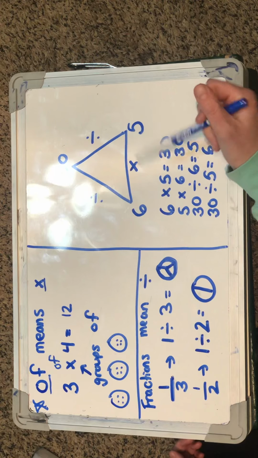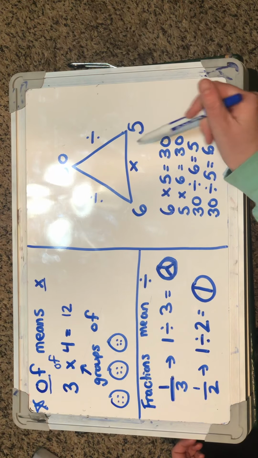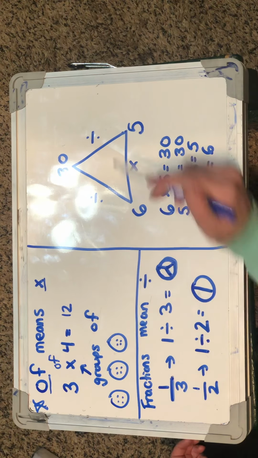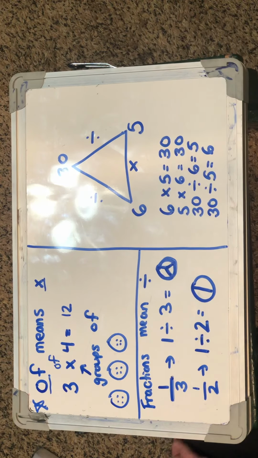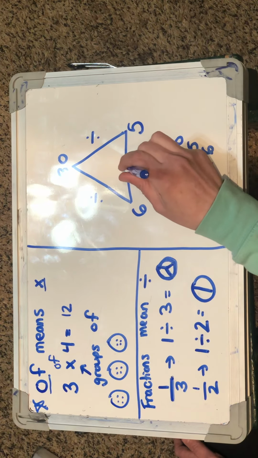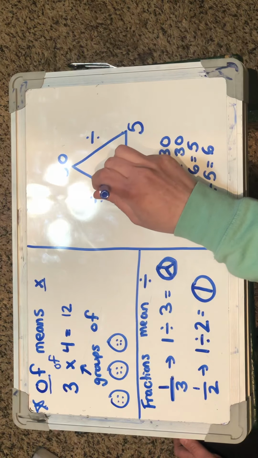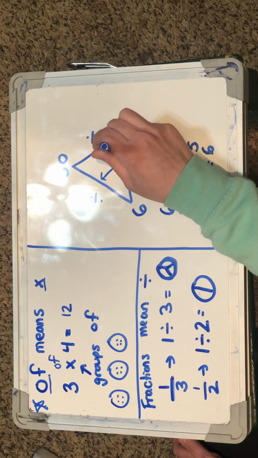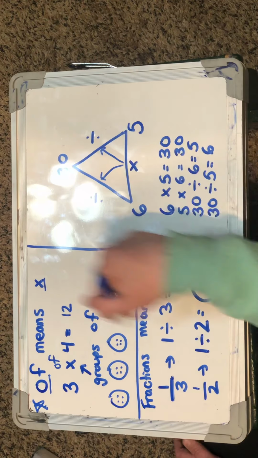You know that 6 times 5 is 30. And you know that 5 times 6 is 30. But we have to remember that the opposite of multiplication is division. Okay? Now these are whole numbers.